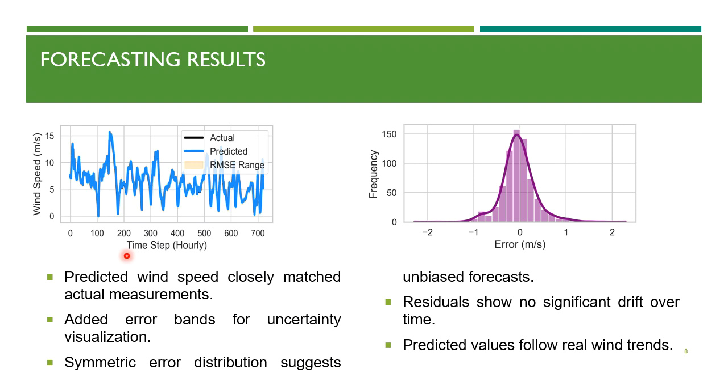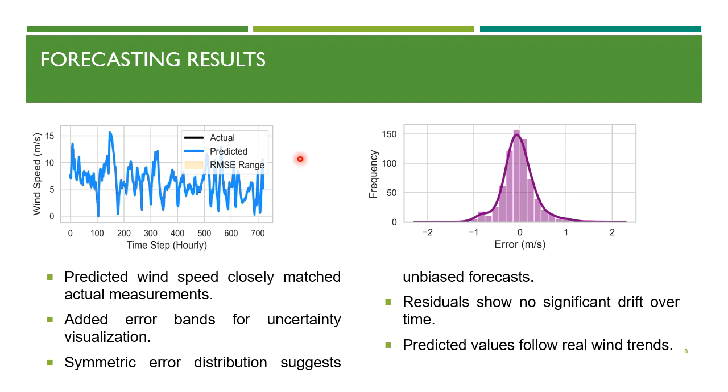And the figure here on the left shows the actual in black, although not very visible because they overlap, and the predicted wind speed from March to May 2025, and also includes the RMSE range error bands. The prediction tracks the true value closely, and we can see that there's little to no lag.